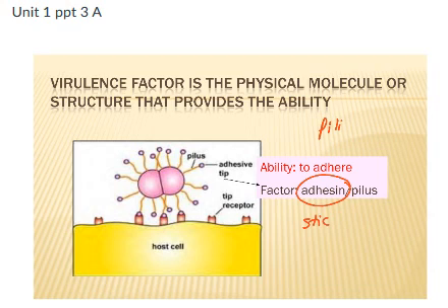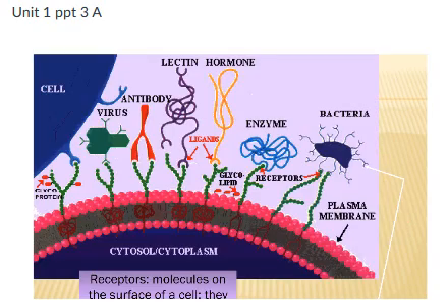Adhesin has a sticky property, and that in the previous picture is what allowed it to stick to something. If you look at this picture on the left, here's your host cell, and this is a bacteria. All of these little yellow appendages are pili, and it is attaching to receptors on the host cell for the sake of being a virulence factor and providing it the ability to be infectious.